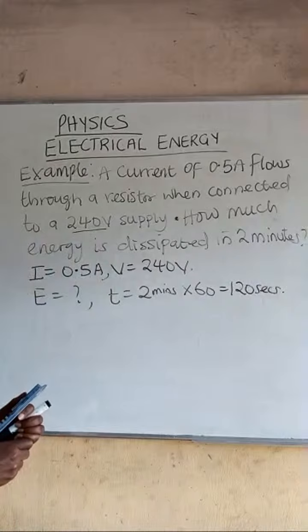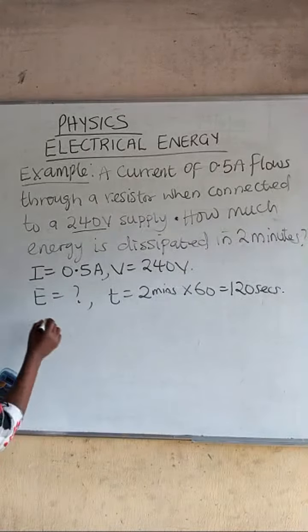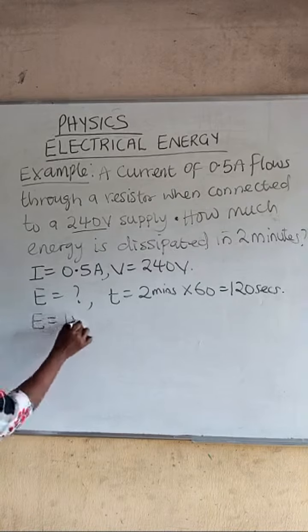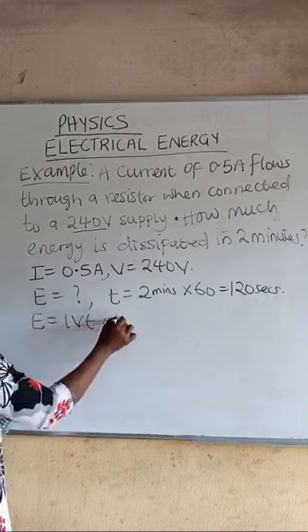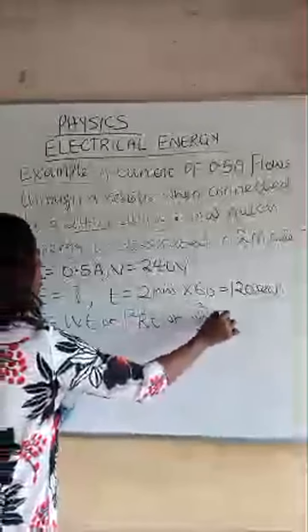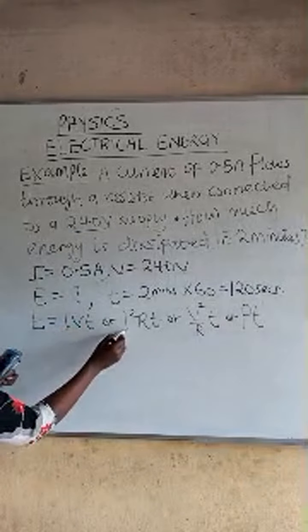Now if you go by that, we have all the formulas. Let's state all of them to know the one that will fit in. Electrical energy is equal to IVT, or I squared RT, or V squared over R times T, or PT. Looking at what we have, the current I, so this can go.